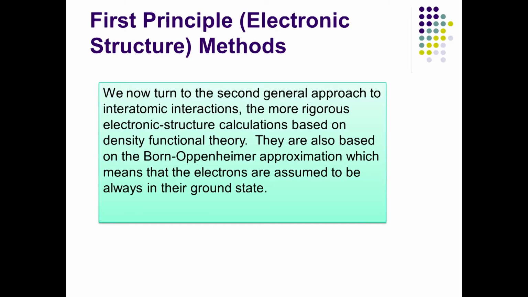So, looking at the quantum mechanical formulation, now we turn to the second generation approach to interatomic interaction, which is obviously a more rigorous approach, but it still keeps track of the Born-Oppenheimer approximation. Let me remind you what we talked about regarding the Born-Oppenheimer approximation.